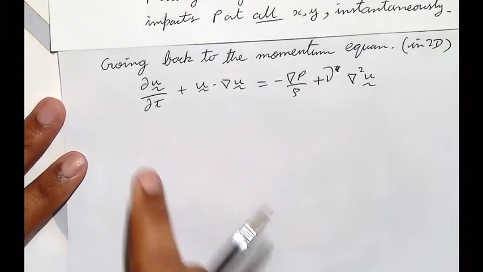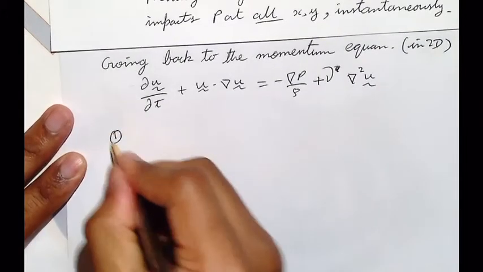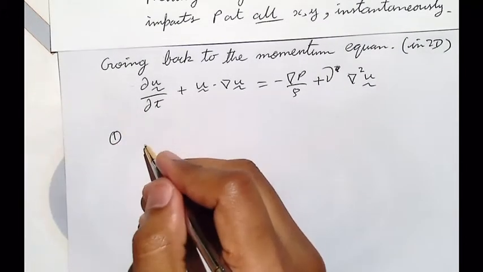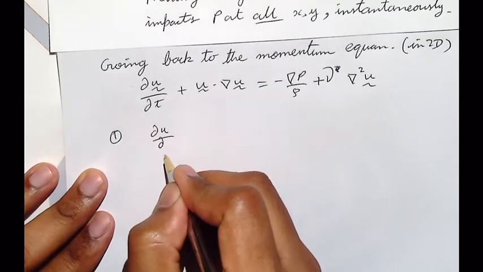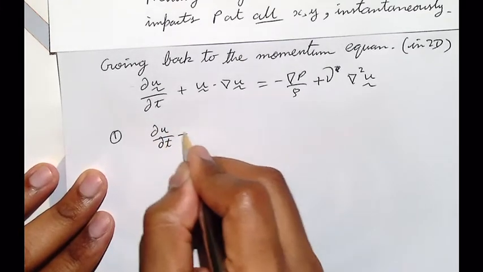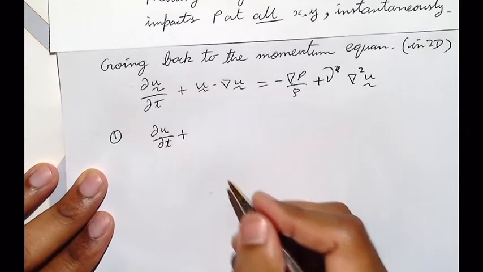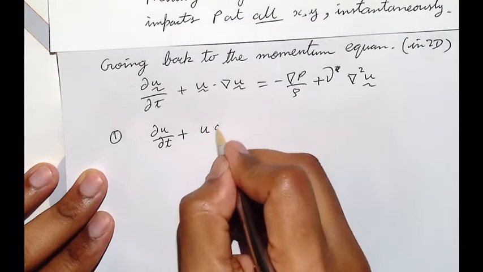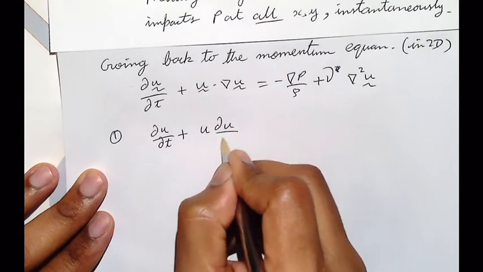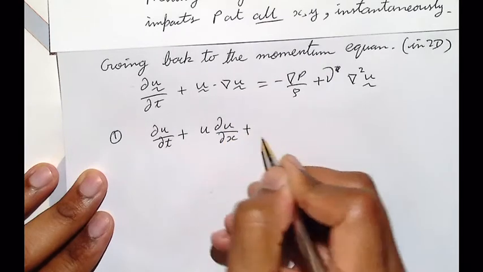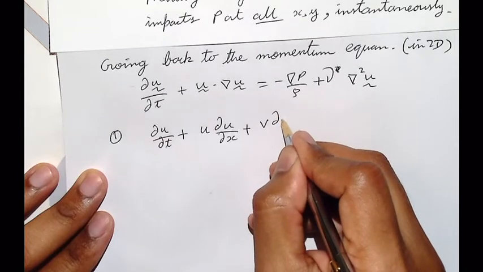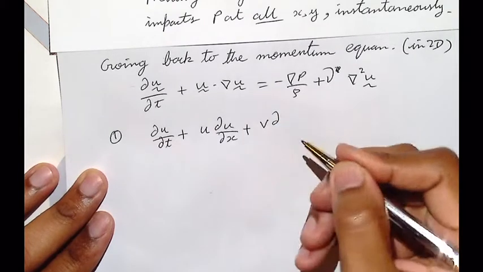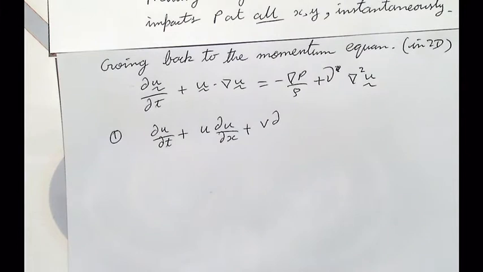Okay, so in 2D, this has two components. The first component is the time derivative of u, then u partial x plus v partial y.